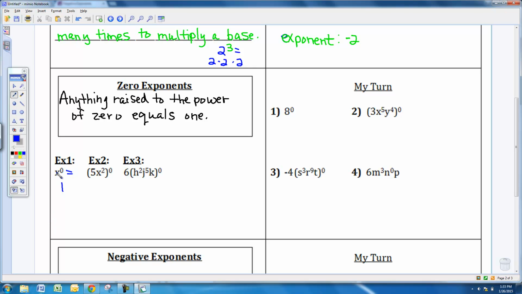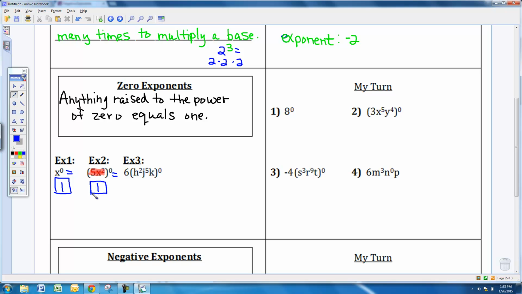Doesn't matter what number we plug in there for x, x raised to the 0 power will always be 1. Okay, example 2. We have the quantity 5x squared raised to the 0 power. Because the whole thing is raised to the 0 power, it's equal to 1.